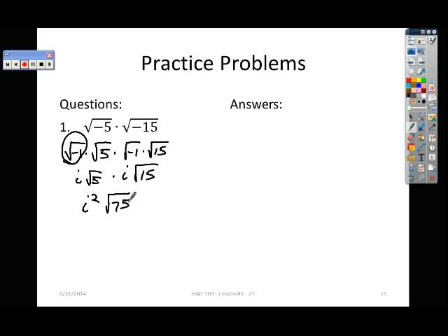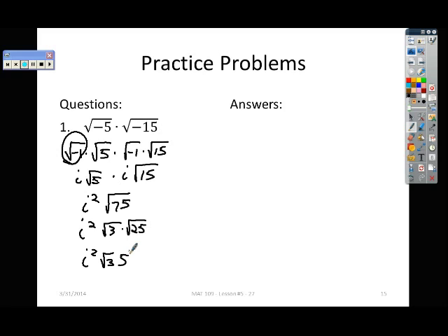And I know I'm doing this in many more steps than is really necessary, but it illustrates the different things that you have to do. You usually combine these together. And so I get i squared, square root of 3, and I get 5, right? Square root of 3, 3 is a prime, so I can't do anything more with it.